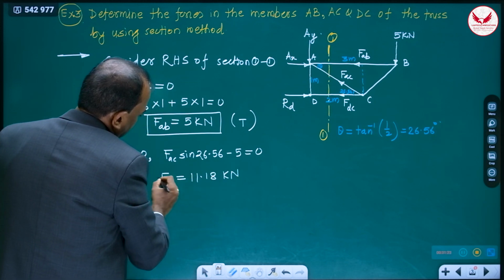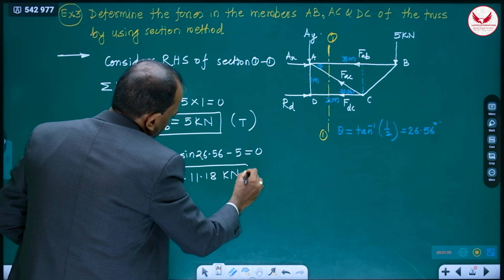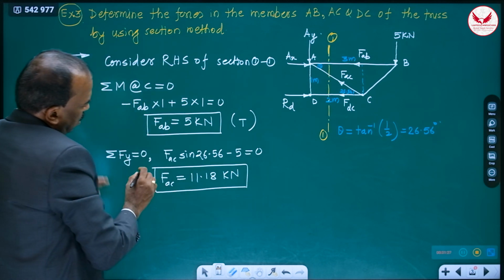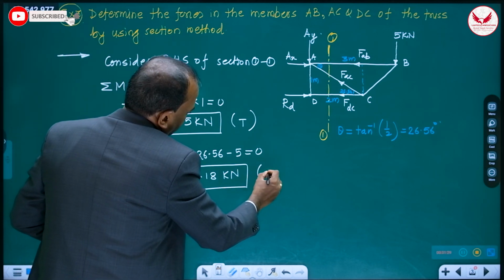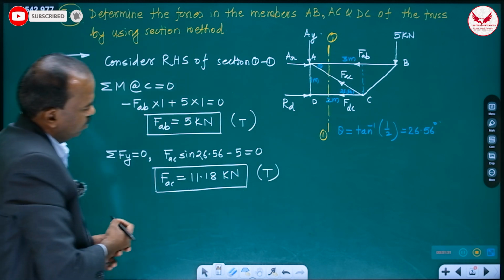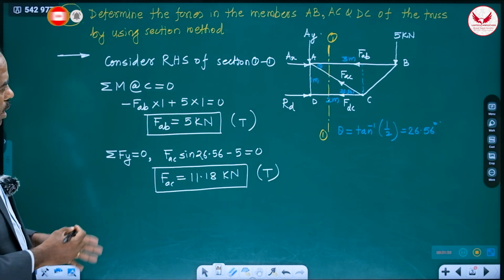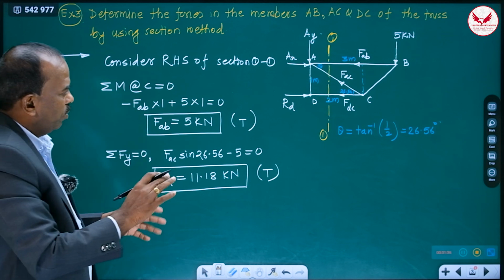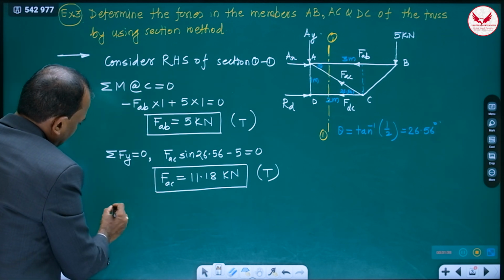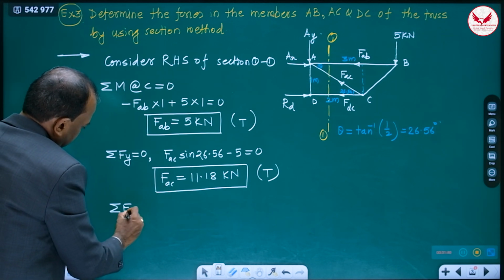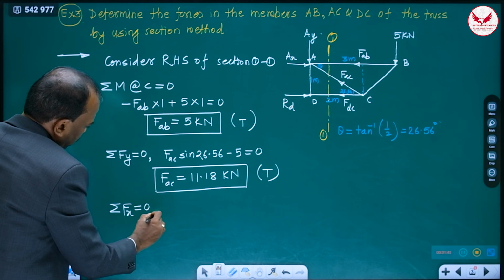11.18 kilonewton. Again, this is also a positive answer, which means the assumed direction is right, which is tensile. Then the last answer, DC, is going to be 100% negative, well, I'll tell you in advance. Summation Fx is equal to 0.